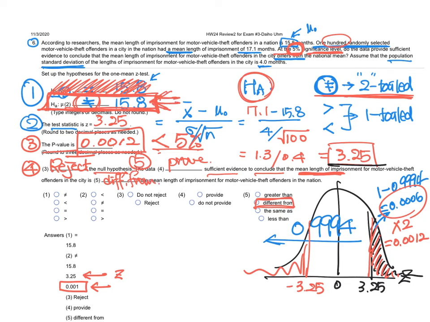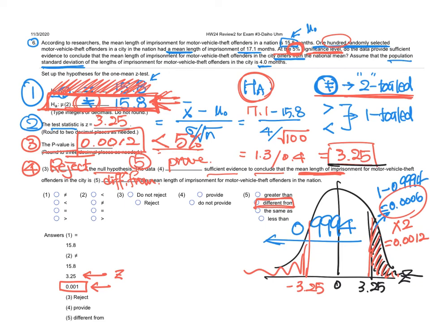In this review, the second review for exam number 3, there are 6 problems. Numbers 1, 2, 3 are simple ones, and 4, 5, and 6 are comprehensive. I just took the very last one, number 6.